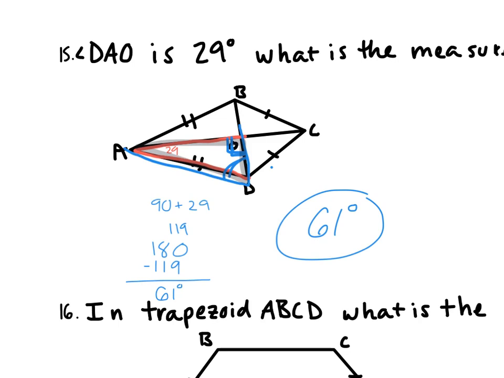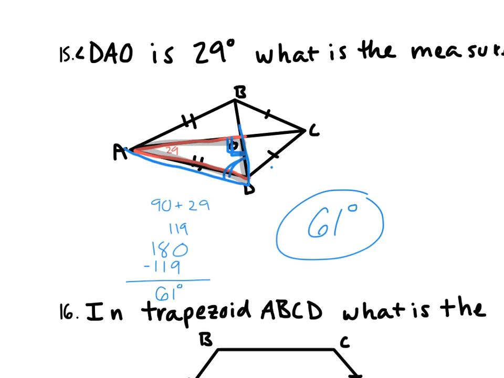So remember, the diagonals in a kite are perpendicular. What else has perpendicular diagonals? So we know a kite does, a trapezoid, a rhombus, a rectangle, or a square.